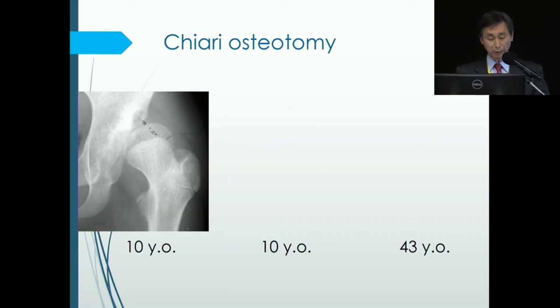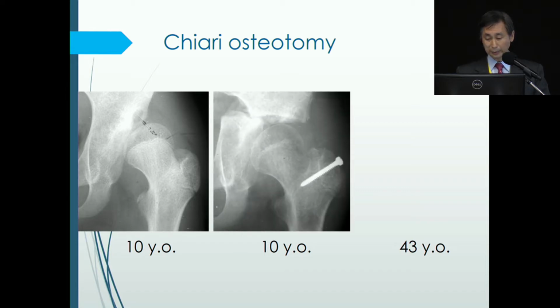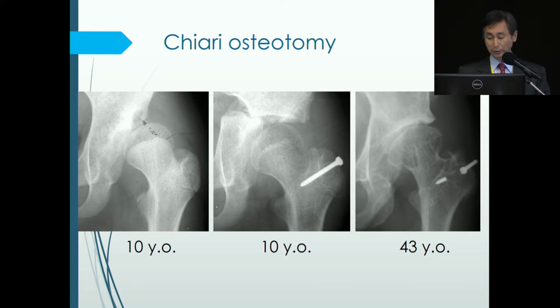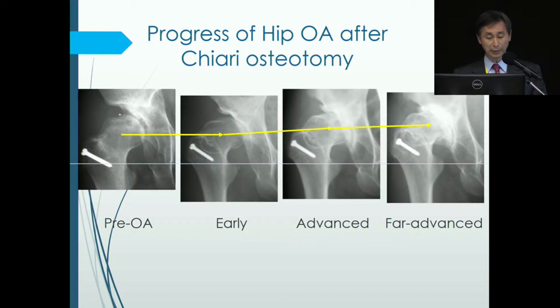The Kelly osteotomy was performed at the age of 10 years old here, and after 33 years, the progress of this secondary hip OA is prevented by this osteotomy. However, even if the osteotomy was performed, the progress of hip OA is sometimes seen.